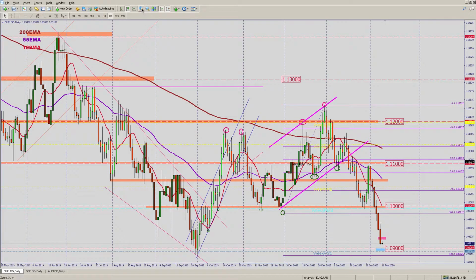Let's go back to the daily time frame, and on a bigger picture you can see that the previous lows from last year were at the 108.80 or 108.79 area, so that should bring in the 138 Fib extension as a potential target and retest of this previous swing low as well.